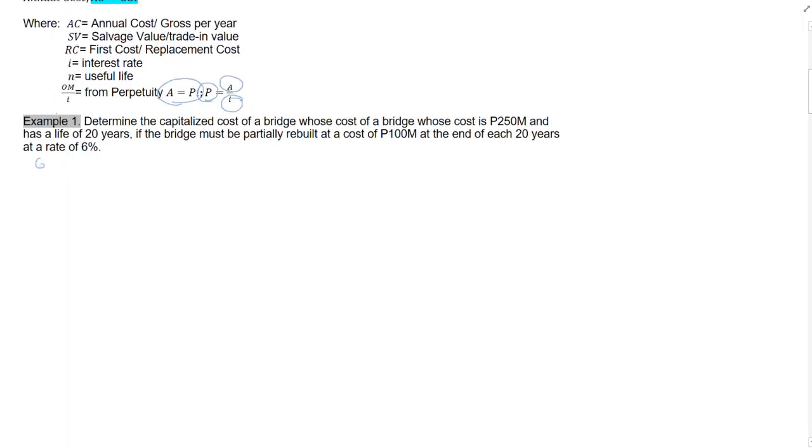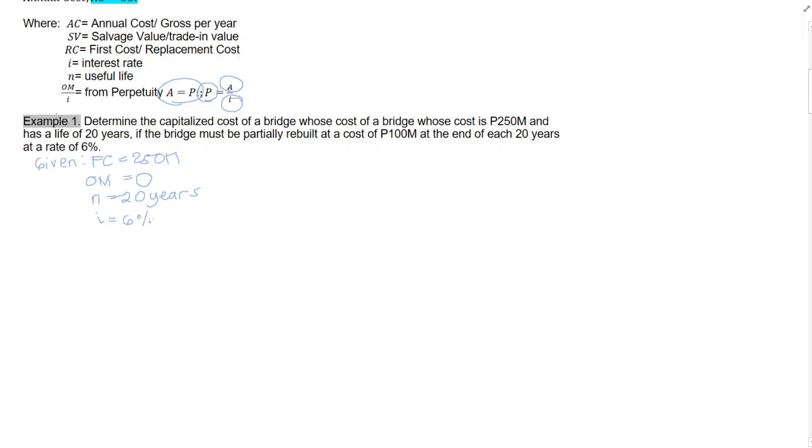For the given, the first cost is 250 million. The operating and maintenance cost is of course zero, since it is not mentioned. Since it is rebuilt partially, n is equal to the useful life, which is 20 years. Next is the interest rate, which is equal to 6%, or 0.06 in decimal form.